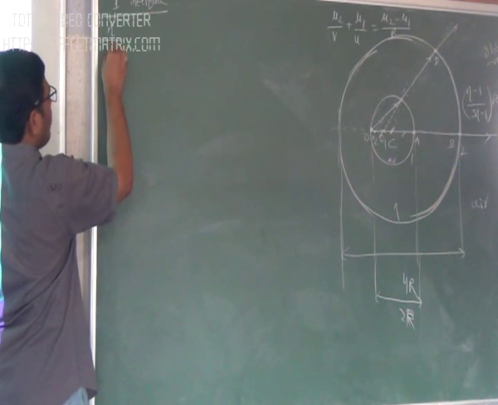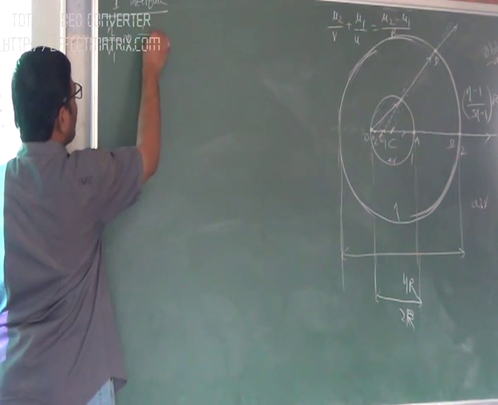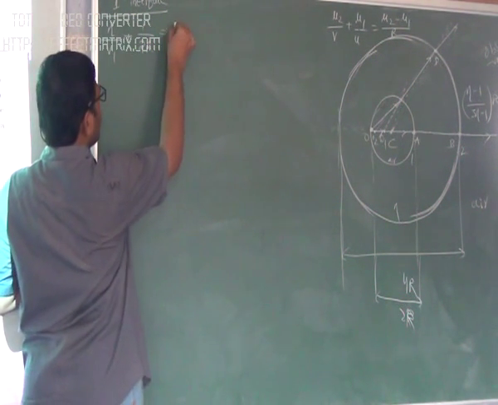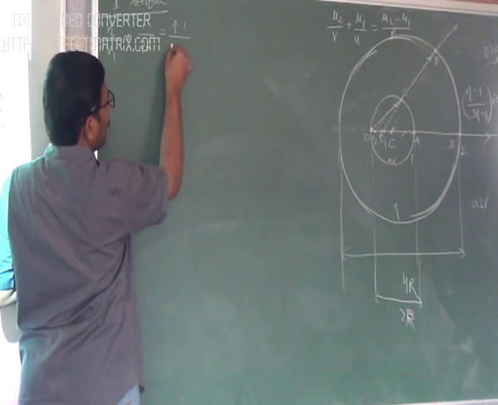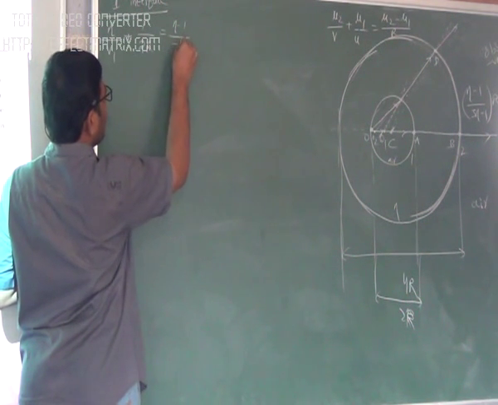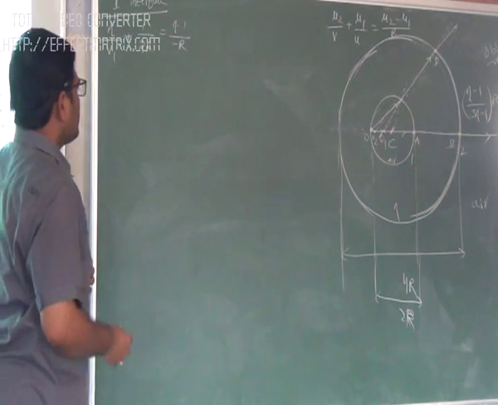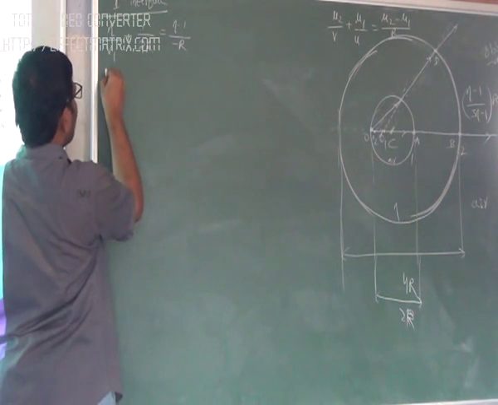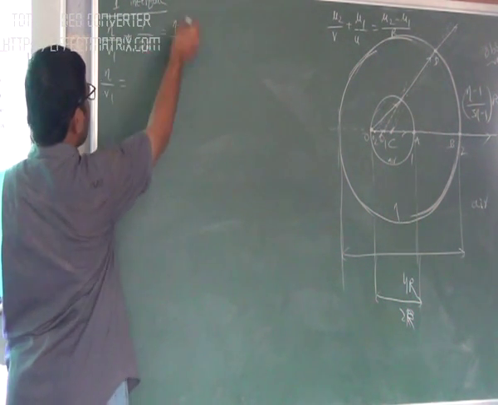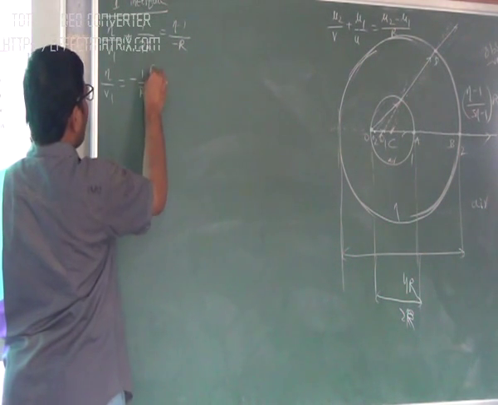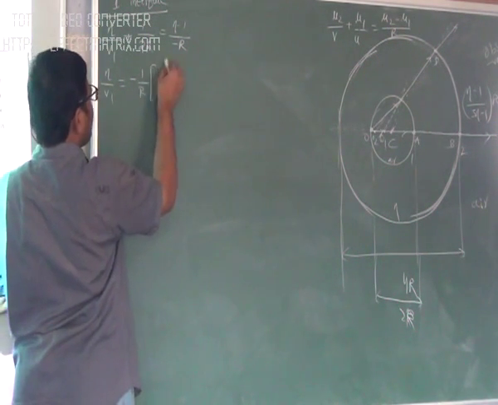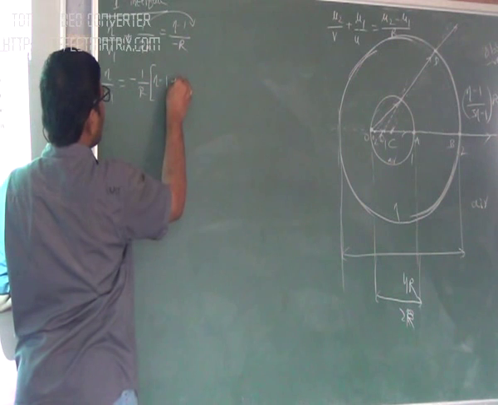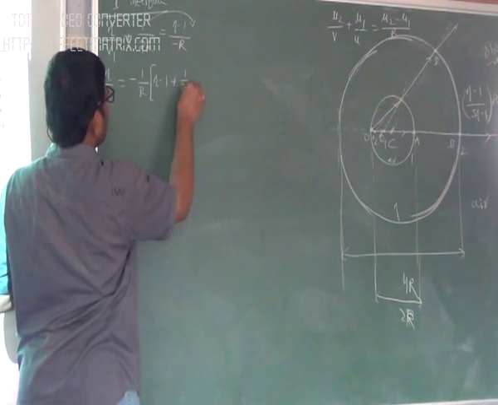Neta upon V1 plus 1 upon plus 2R, since the object is real, equals neta minus 1 upon minus R. On solving, neta upon V1 equals minus 1 upon R, taking this term to this side and taking minus 1 upon R as common: neta minus 1 plus 1 upon 2.